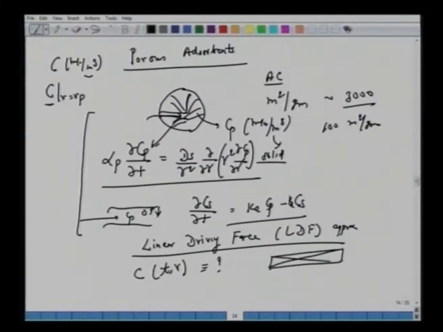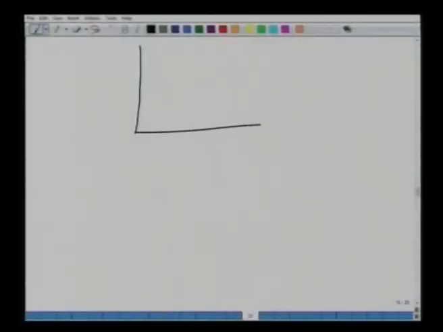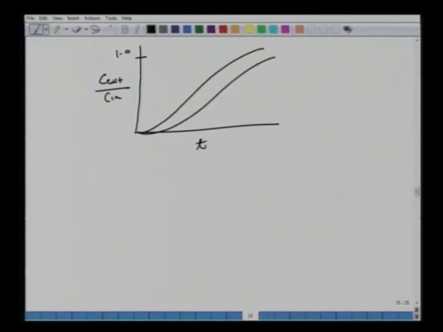So we will have a packed bed column. Essentially one can predict this C at what time and at what length. Alright. So the idea of all this mathematical treatment is that we can predict C exit over C in for different times, for different conditions, for varying flow rates or varying amount of adsorbent or varying particle size, etc. One can do this kind of model prediction and see how one can fit the experimental data here.